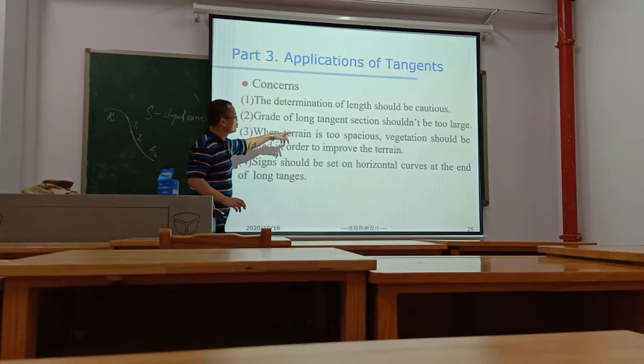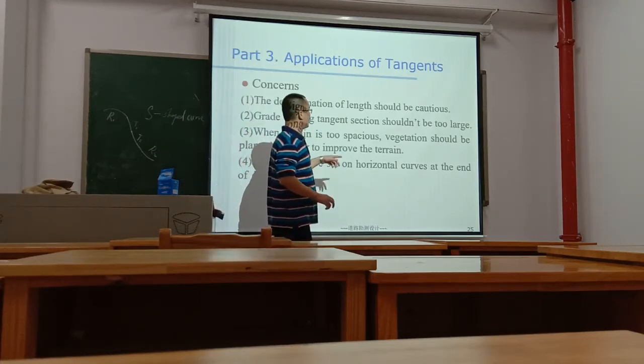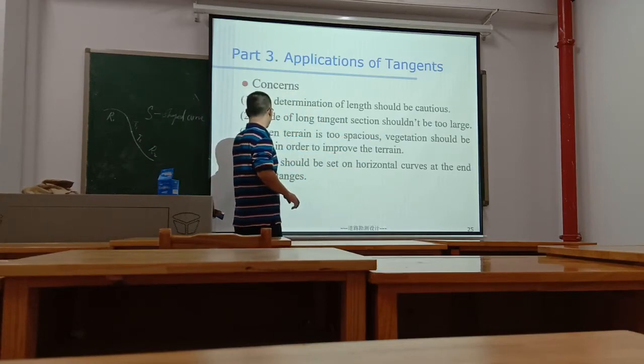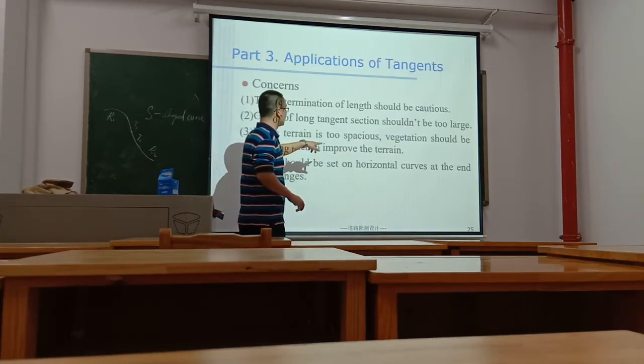When terrain is too spacious, vegetation should be planted in order to improve the terrain.